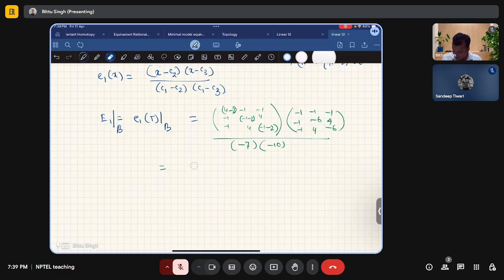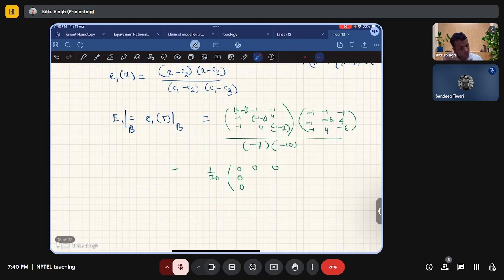So that is 1 by 70 times. First term will be 0. So that calculation is also not so difficult because it is symmetric.